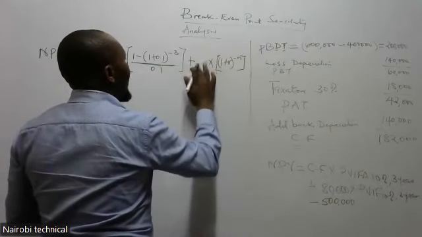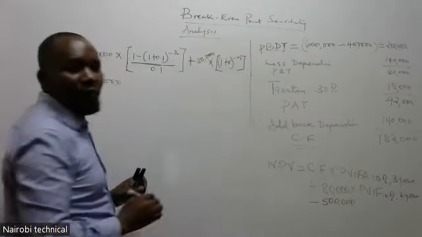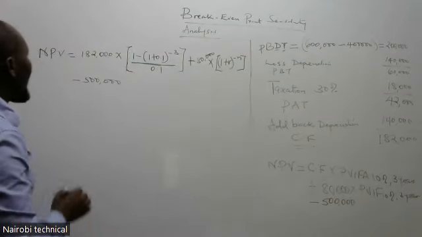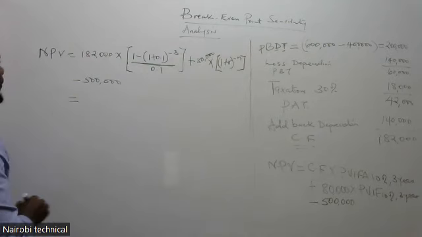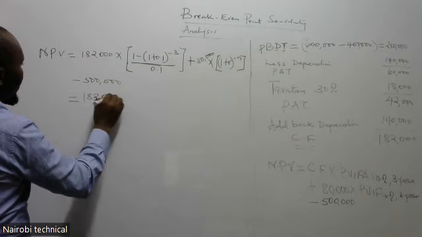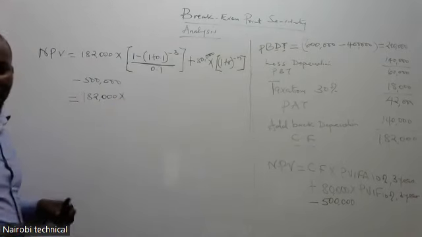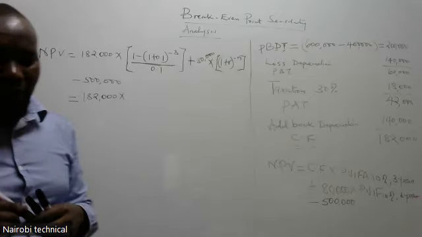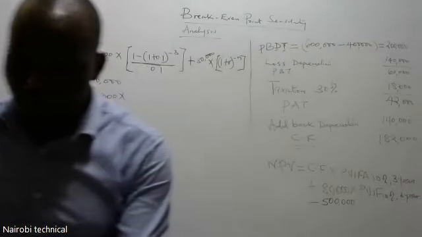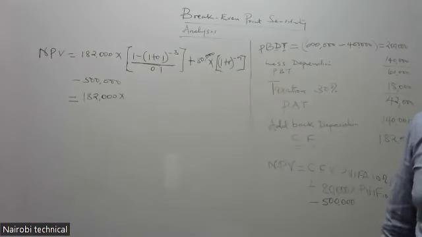You need to have it clearly written, 80,000. Now let's come here. It's 182 times, what is the value here? Can somebody calculate that one for me?